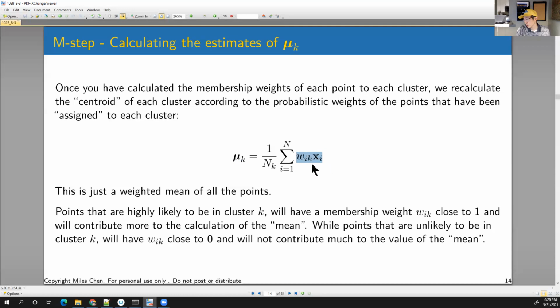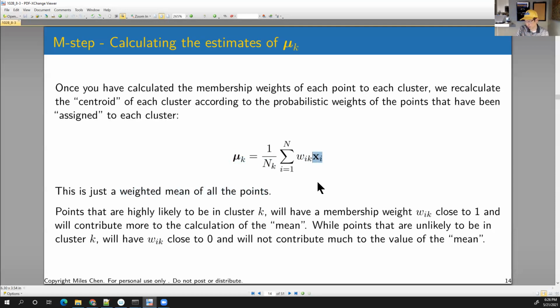We're going to add up the weight times each X, and then divide by how many, quote unquote, observations belong to cluster K. All right, so again, this n sub k is not really an integer. It's the sum of the weights that belong to cluster K, and that's how we calculate the mean of cluster K. So it's just a weighted mean of the points.